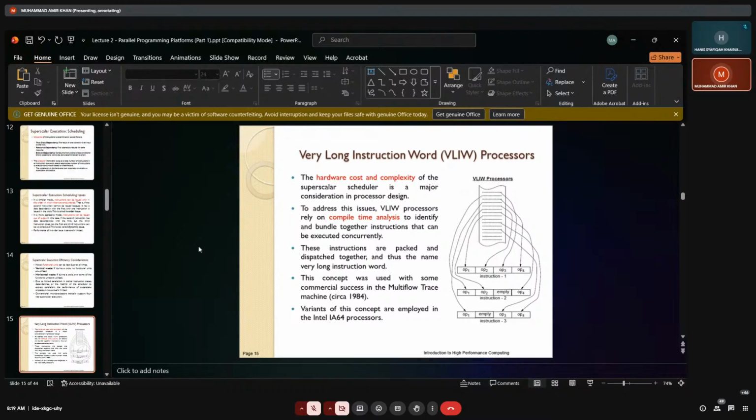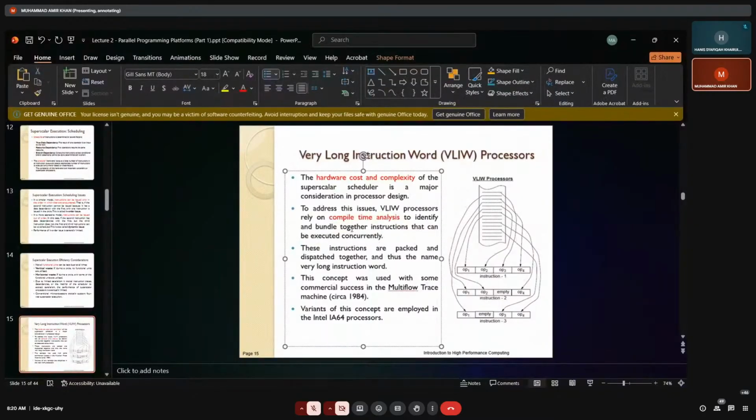So we have another concept we call very long instruction word, VLIW processors. The hardware cost and complexity of the superscalar scheduler is the major issue in processor design. To address this issue, VLIW processors rely on compile-time analysis to identify and bundle together instructions that can be executed concurrently.